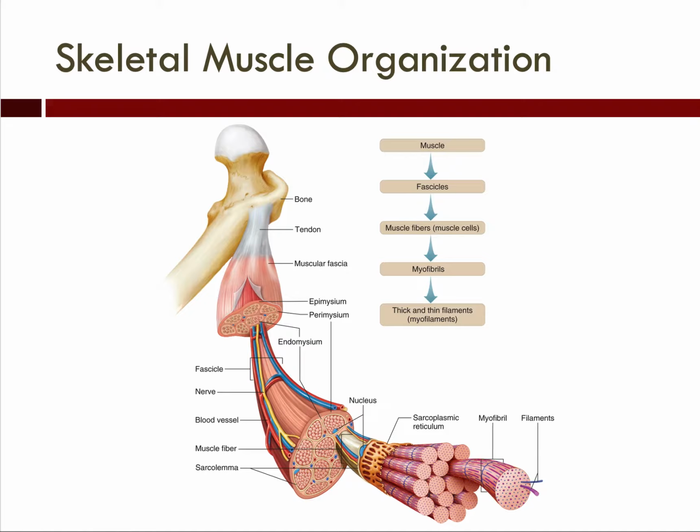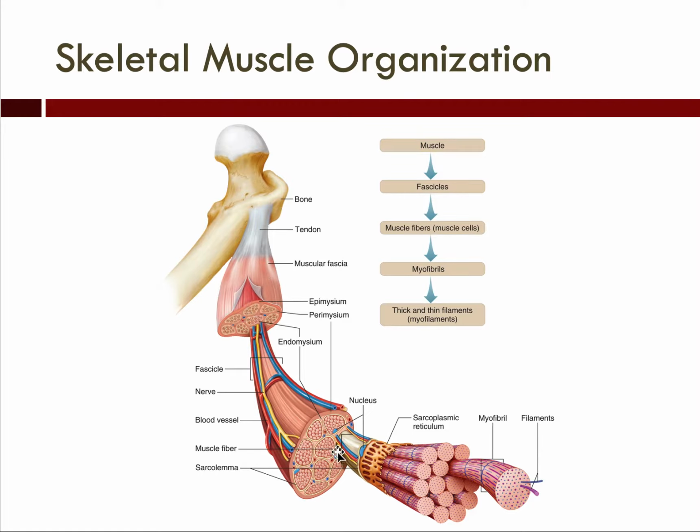So here's an overview of how skeletal muscles are organized. You can see here that skeletal muscles are organized as little bundles that come together to form a bigger bundle, that come together to form an even bigger bundle, that all come together to form the muscle themselves. So if you look here, you have one big muscle and there's connective tissue around it. Within this one big muscle, you have lots of different fascicles.